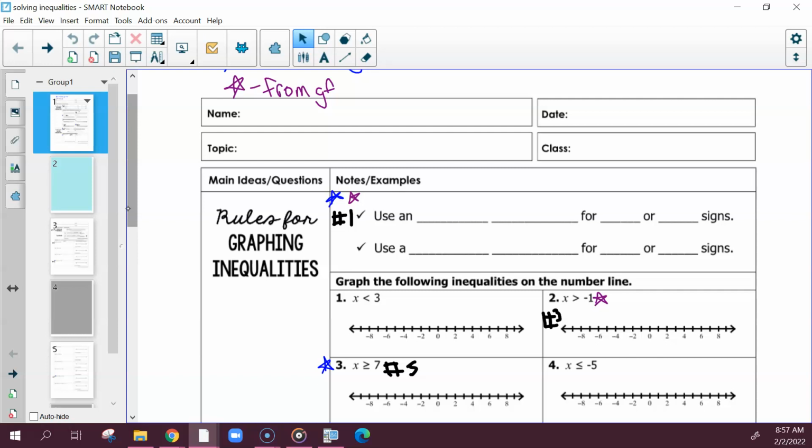Some of this may look familiar because I feel like you've done inequalities before. To what extent, I'm not 100%. But some of this will look familiar, some of it definitely won't. Just make sure you ask questions on anything you do not understand.